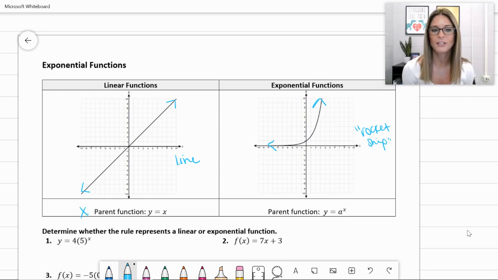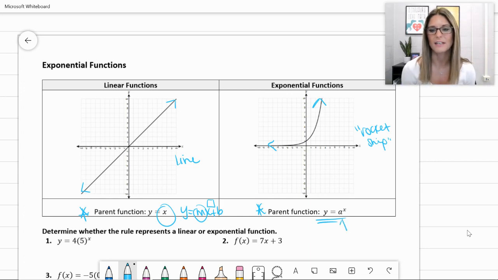So the parent function of a linear equation is y equals x. Notice there's no exponent, there's no radical, there's nothing strange about a linear function, y equals x. We're used to seeing y equals mx plus b. So there can be a coefficient, but there's never an exponent on our linear functions. Now, our exponential functions are y equals a raised to the x.